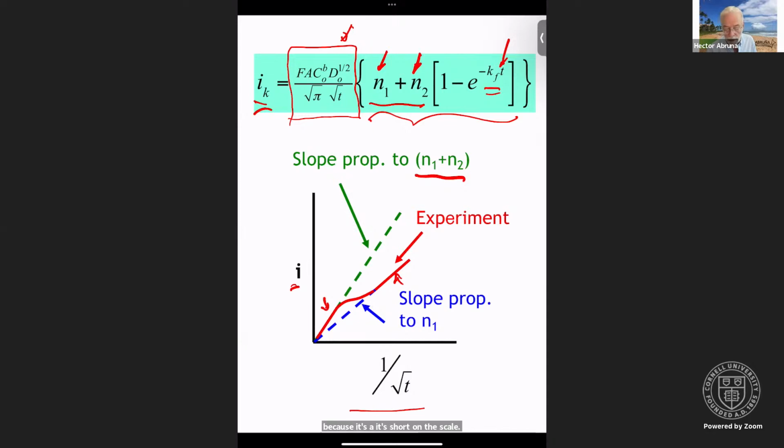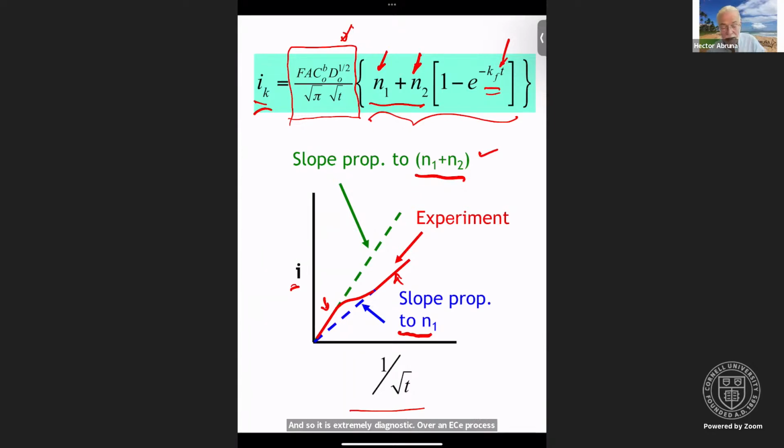The slope is proportional to N1 plus N2, because basically this term is going to 0. At shorter times, mainly higher on this profile, the slope will be proportional to N1. And so the experimentally observed profile, this red line, nothing else, and I mean nothing else, looks like that. And so it is extremely diagnostic of an ECE process.